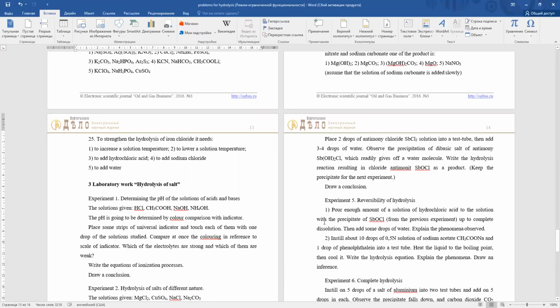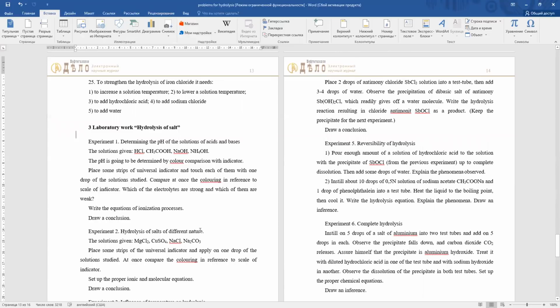I know you don't have a laboratory to experiment with. You just have to guess what may happen. Just read them and draw a conclusion, and if necessary, write the equation of the process, the ionization process, the hydrolysis process. That's it.